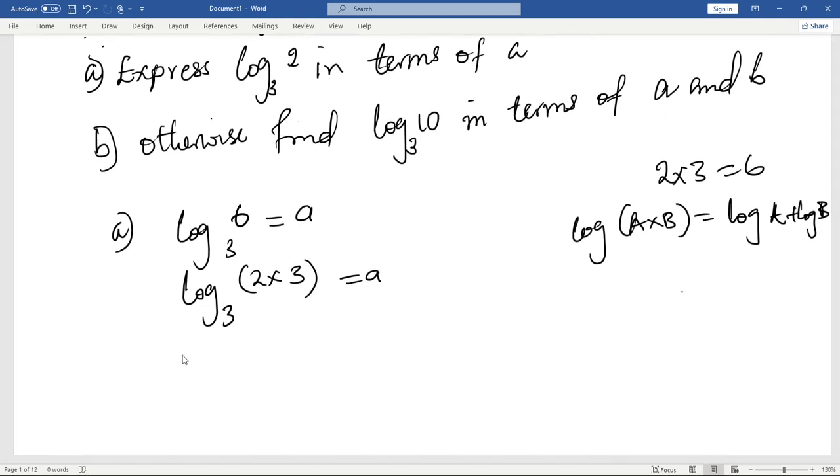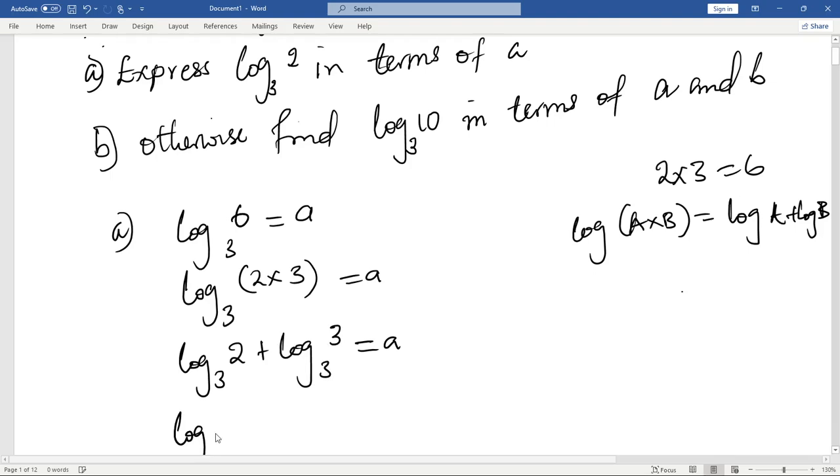So then we have log to the base 3 of 2 plus log 3 to the base 3 equal to a. Then we know that log 3 to the base 3 will just give us 1. So therefore we have log 2 to the base 3 plus 1 is equal to a.